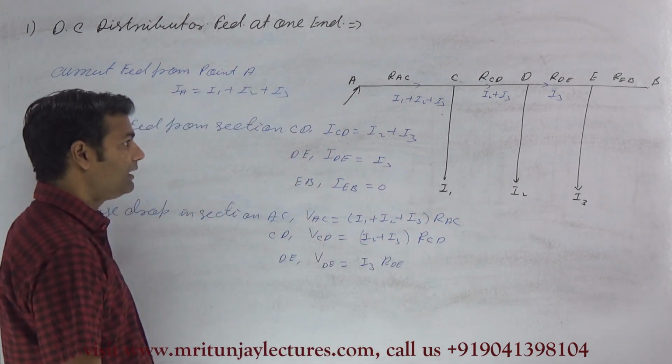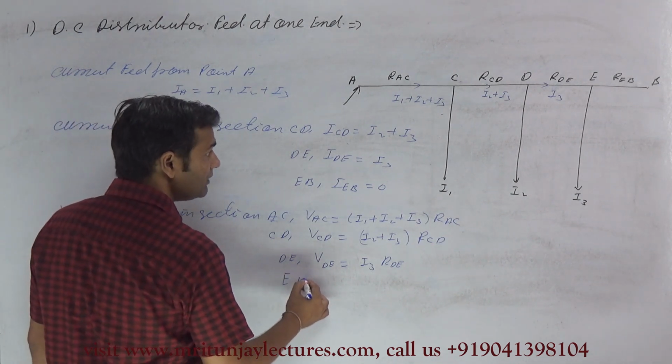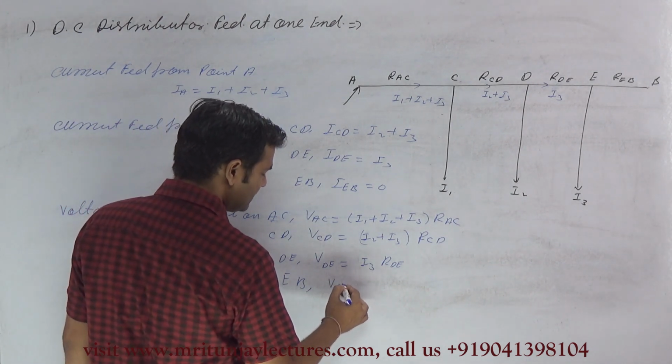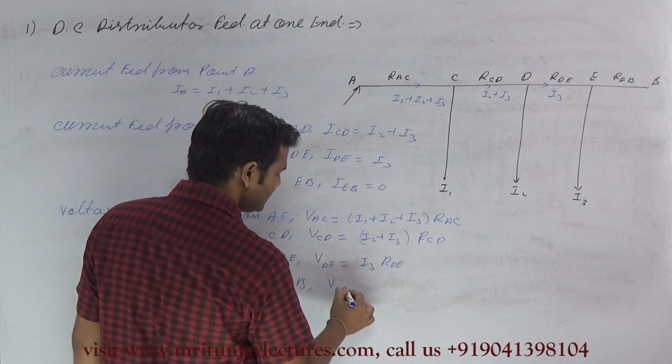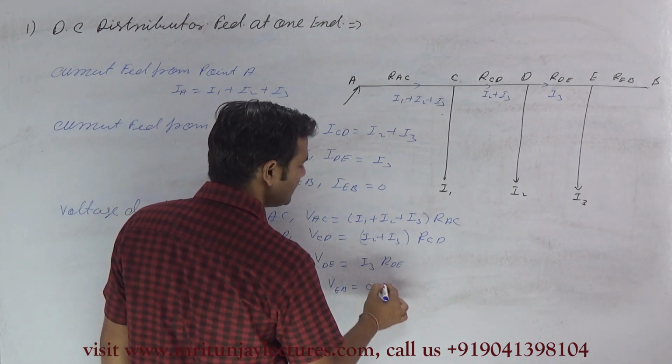Clear? And the voltage drop corresponding to EB is 0 because there is no current.